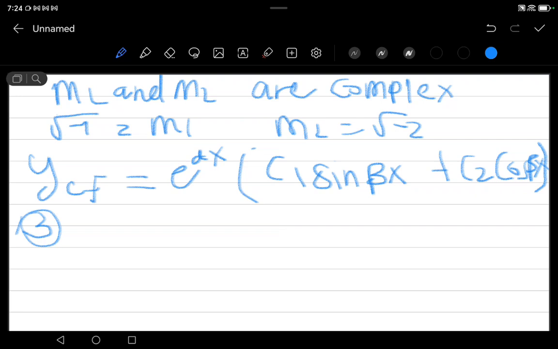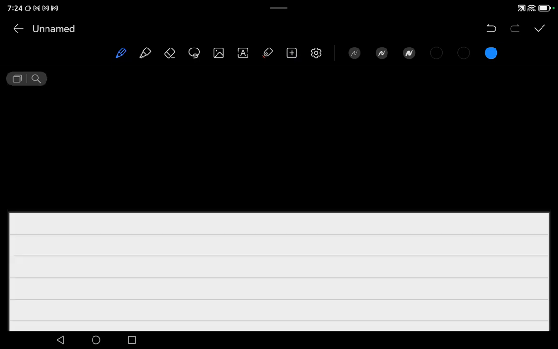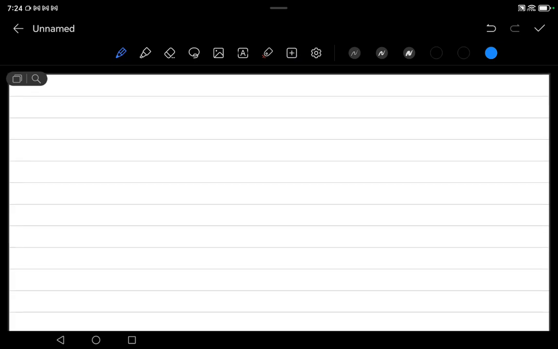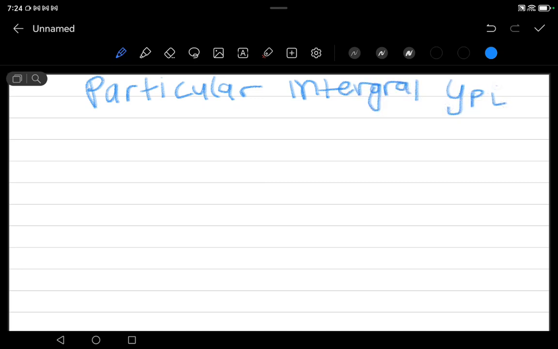And then to get YPI, under YPI we're going to have a linear equation. We're also going to have quadratic, exponential, and trigonometric equations, so it's going to be mixed. So the particular integral YPI. Under YPI, number one, we have a linear.